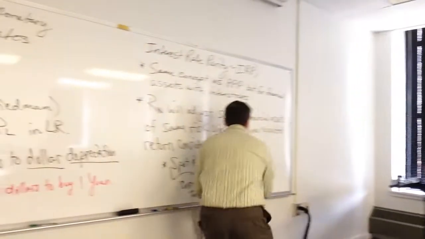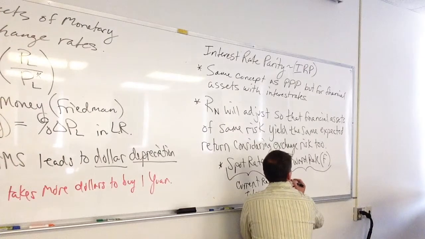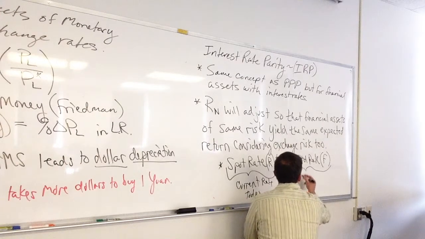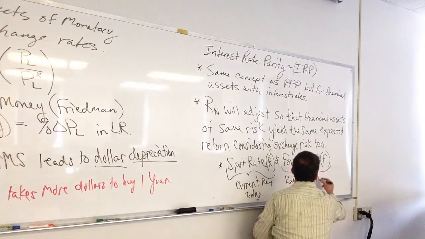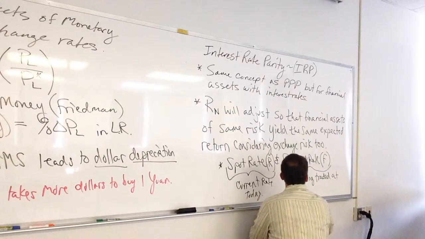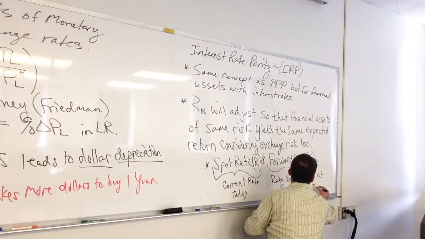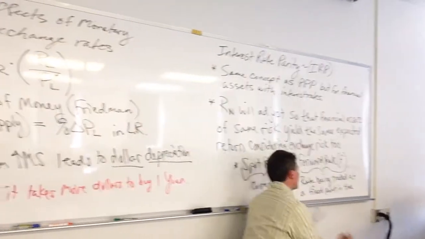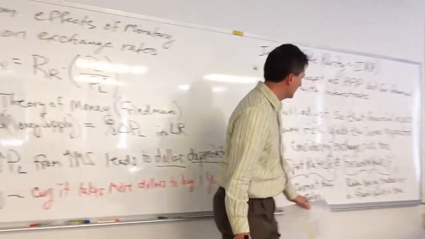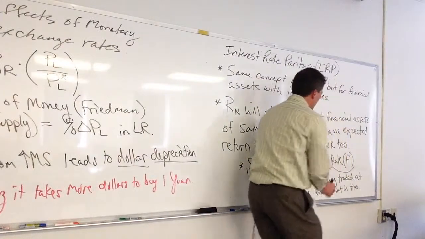So the forward rate is the rate being traded at a fixed point in time via a contract. This is referred to as a forward contract, the future forward rate.